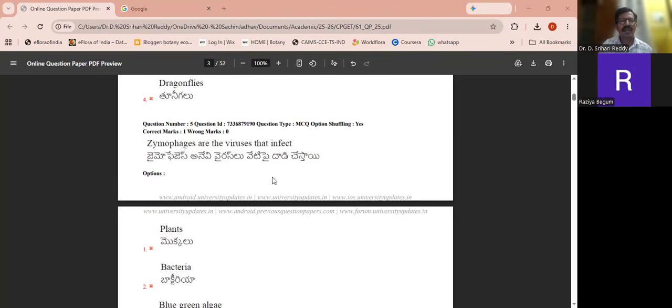Okay, and if they depend on the bacteria, the virus which infects the bacteria are called as bacteriophages. The virus which infects the plants are called as phytophages. The virus which infects the fungus are called as mycophages.